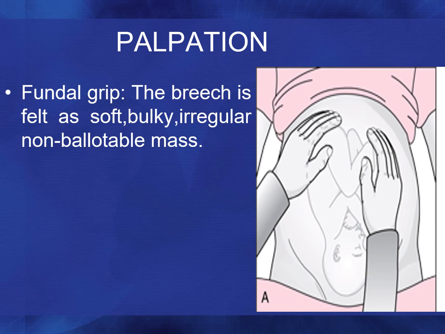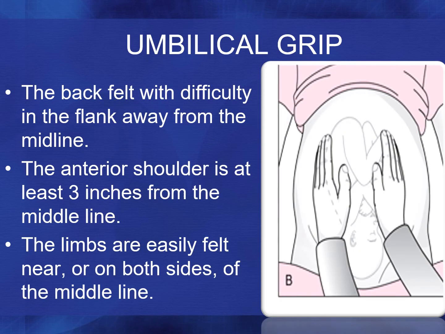And next, in the palpation, in the fundal palpation, usually you can feel the breech, that is a soft, bulky, irregular, non-ballotable mass. And in the lateral palpation, the back may be felt with difficulty towards the flank. Towards the flank, you can feel the continuous curved resistant mass.